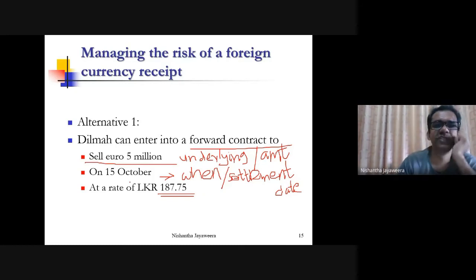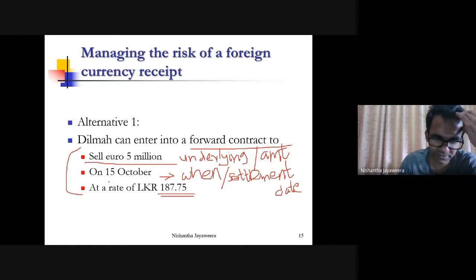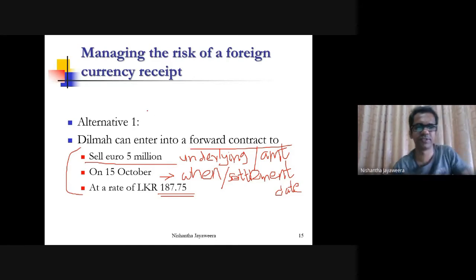So when do you do this? Somewhere before October 15, and it would be very much closer to July 15th, maybe exactly on 15th of July or maybe after that, depending on your market expectation.